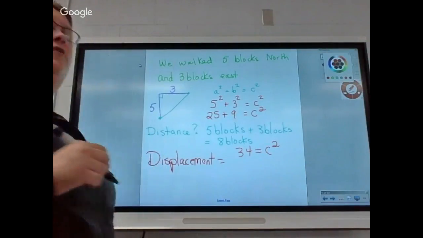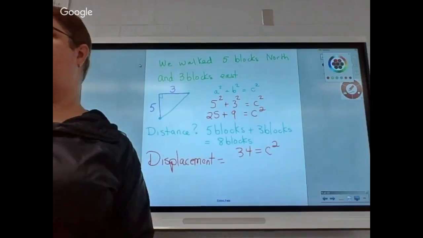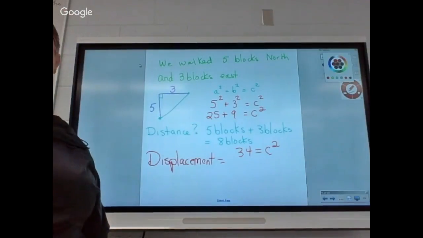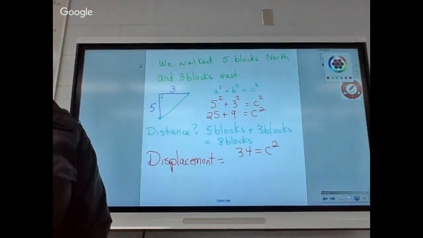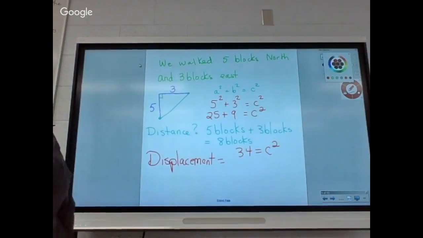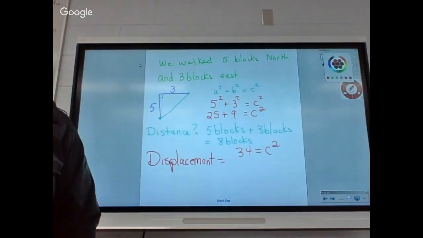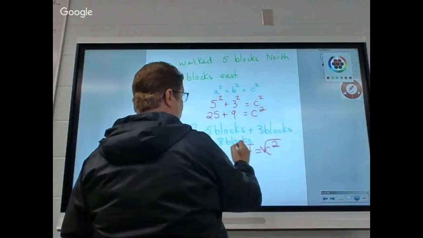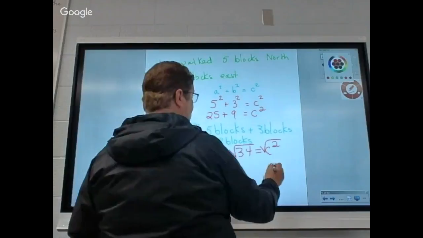You guys have heard me say multiple times, if something's added, what's the opposite of add? If something's multiplied, what's the opposite? Divide. All right, so when it's squared, what's the opposite of squared? That's why you take the square root. So square root. So C equals.